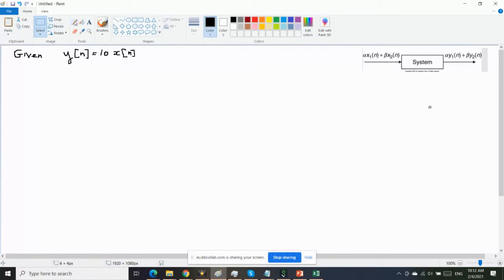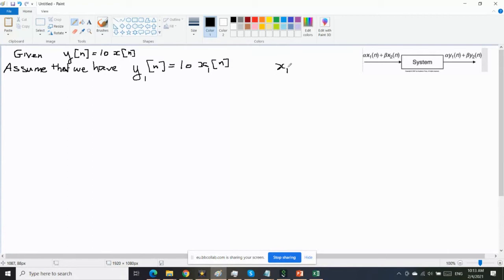So let's assume that we have a signal x1 and its output y1 equals 10 x1.